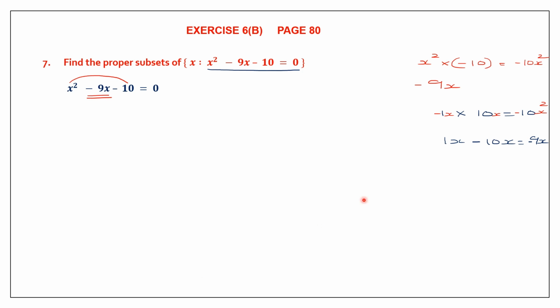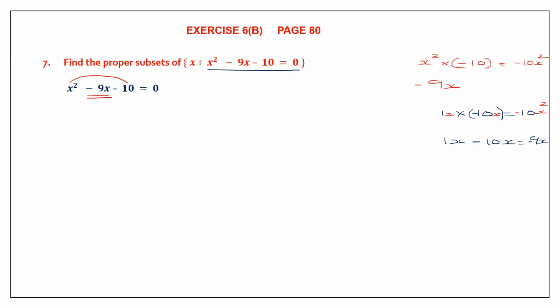Same way, here also I'm going to remove the minus sign from here and put it here. So let's give this the minus sign, and let's see when we multiply what we get. 1x into minus 10x is minus 10x square. So when we multiply these two terms, we get minus 10x square. When we add up those two terms, we get minus 9x.